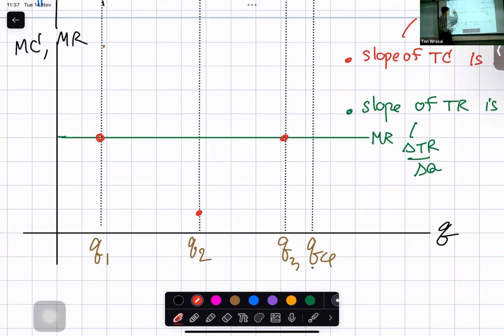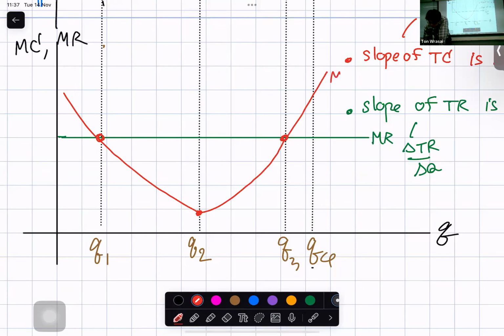So now you can draw already. Marginal cost becomes cheapest, bottoms out, and then becomes rising. Okay, plot the MC curve.